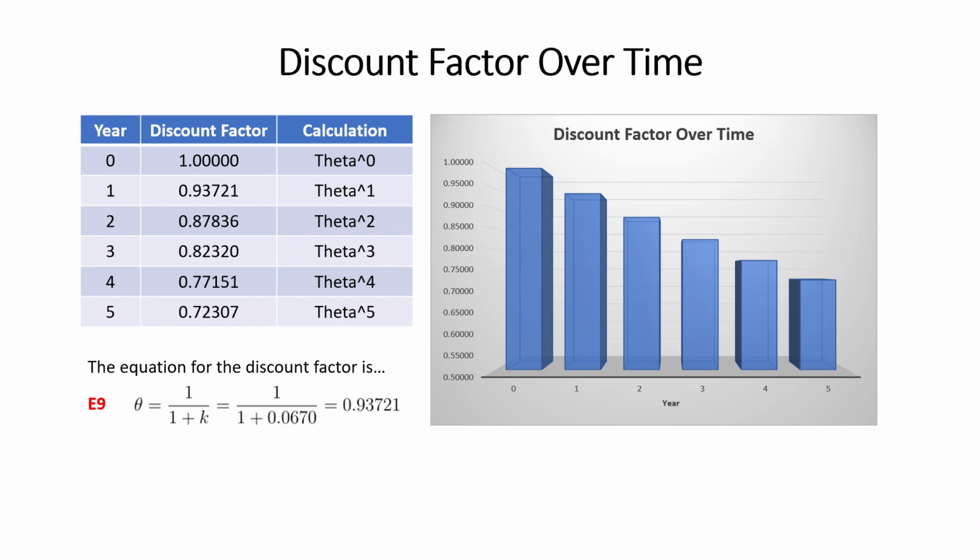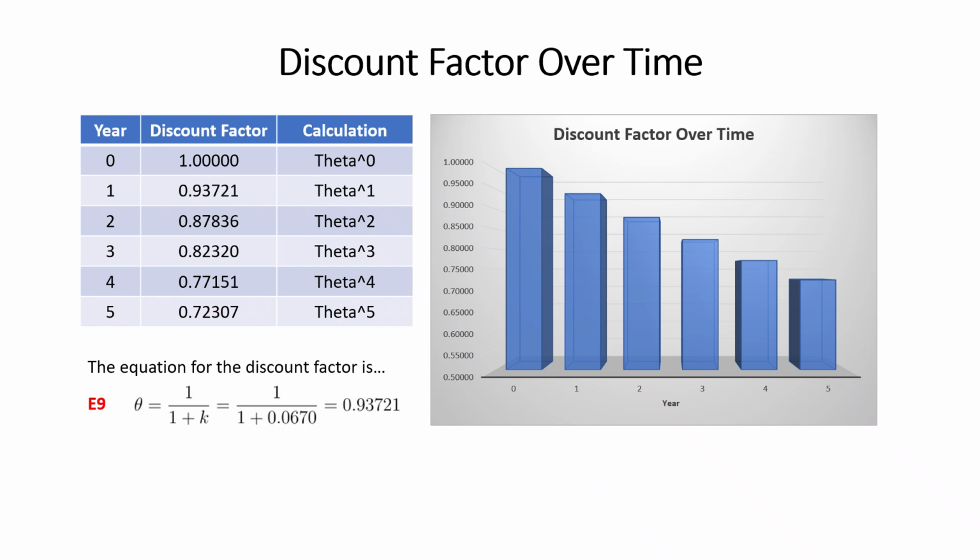If I had to wait a year to receive that dollar, what would I pay for that dollar today? I would pay theta to the 1 power, which is 0.93721, approximately 94 cents for that dollar today, knowing that I'm going to receive that dollar at the end of year 1. The same thing with year 2, year 3, year 4, and that final payment in our bond calculation.